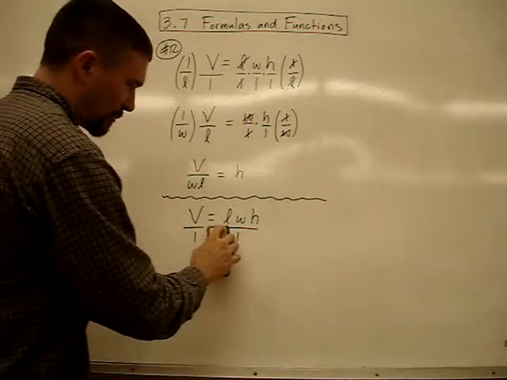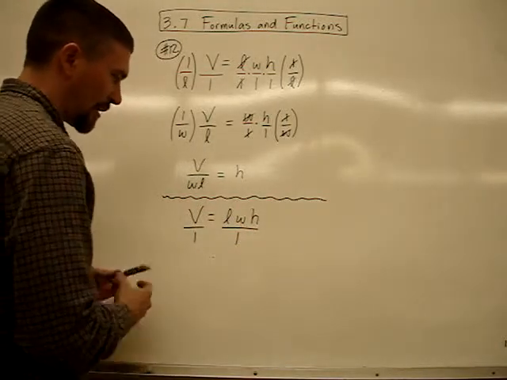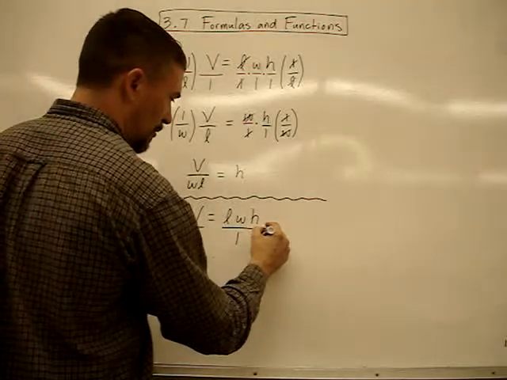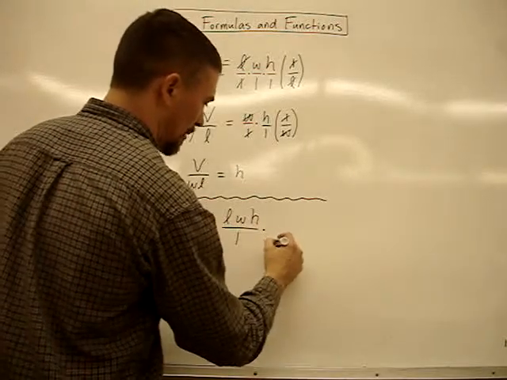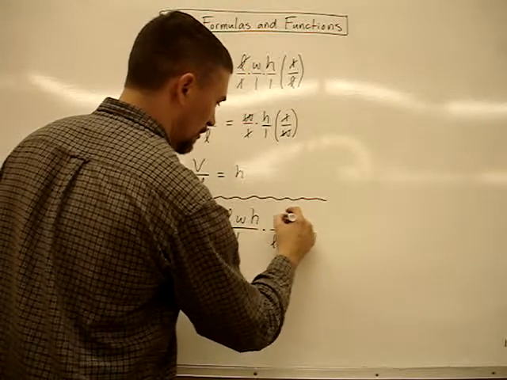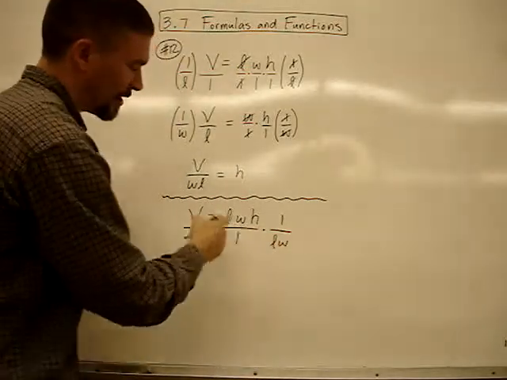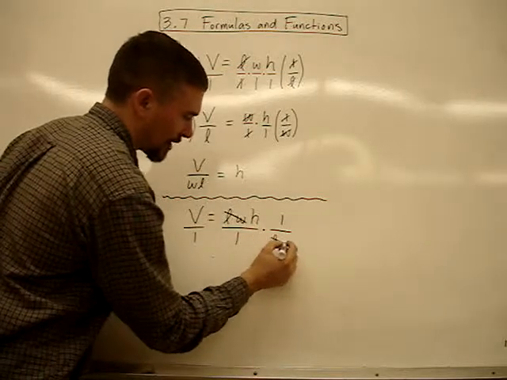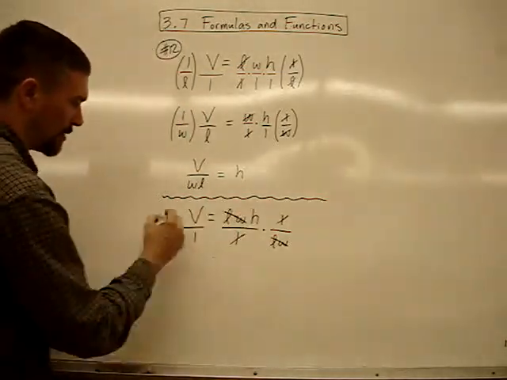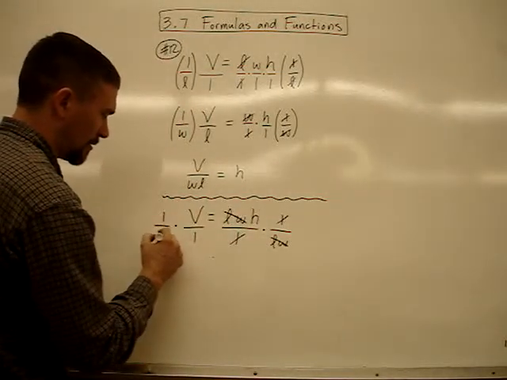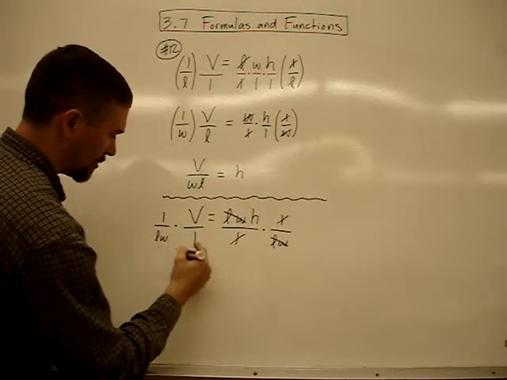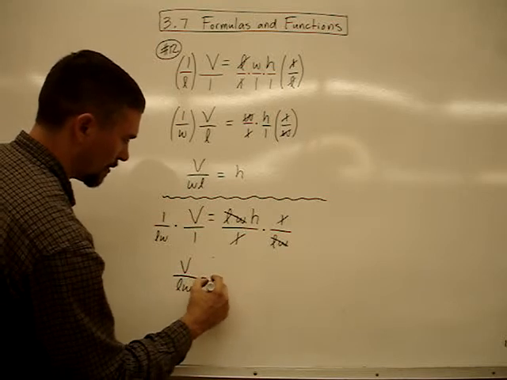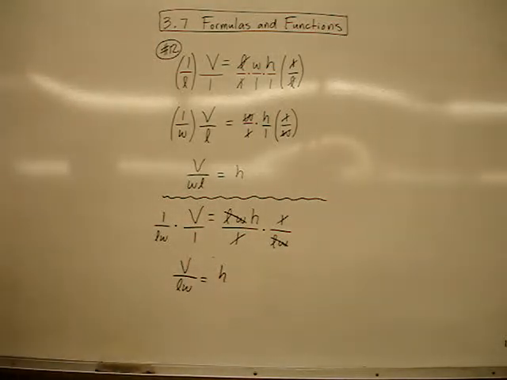I'll just show you that you multiply times 1 over L times W. If we did that, both of these would cross-cancel. Of course, the ones would cross-cancel. And we do the same thing over here. And so V times 1 is V, and LW times 1 is LW, and H is over there by itself, and that's what we want.